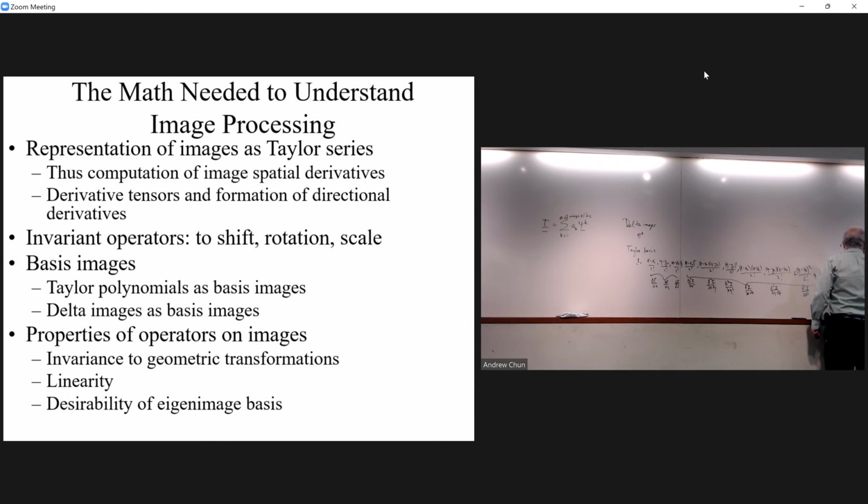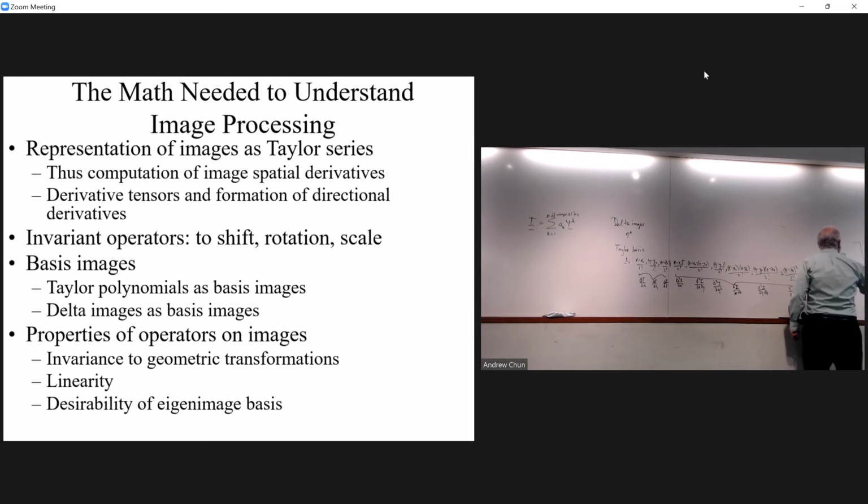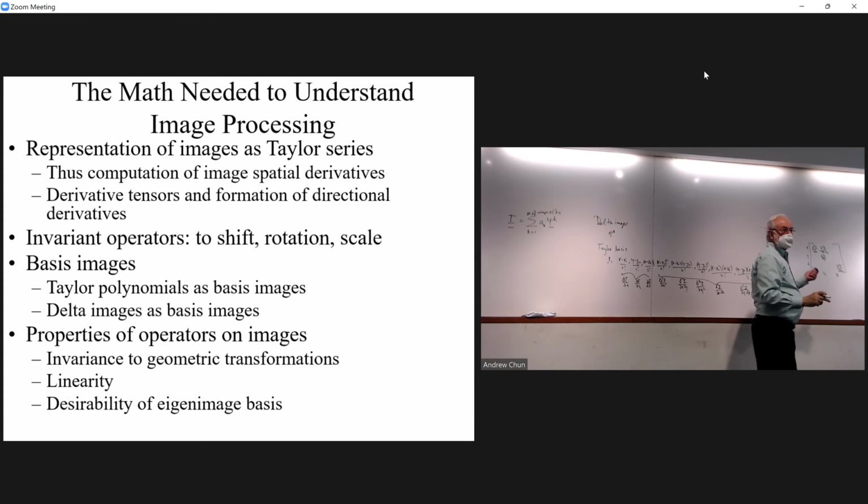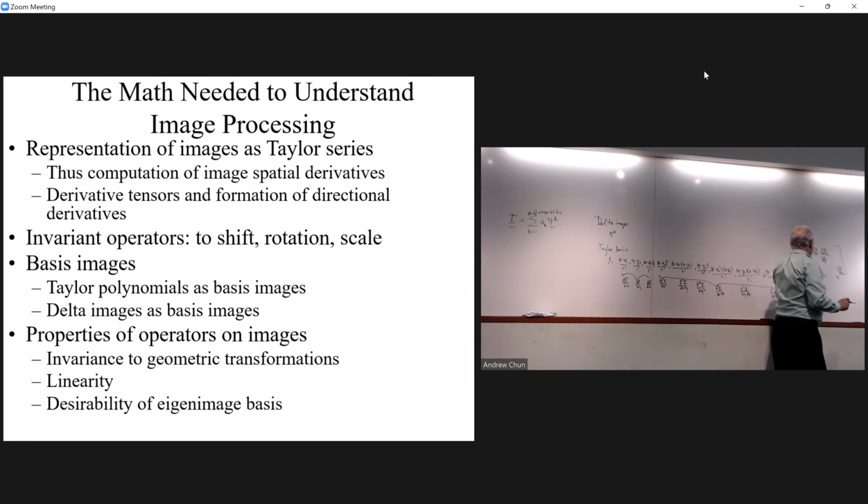And down here, d2I by dx squared. And over here, it's xy, so d2I by dx dy, and so on. But realizing that the property of derivatives is that the order in which the second derivative is taken, a derivative of x followed by a derivative of y, or a derivative of y followed by a derivative of x, does not matter.